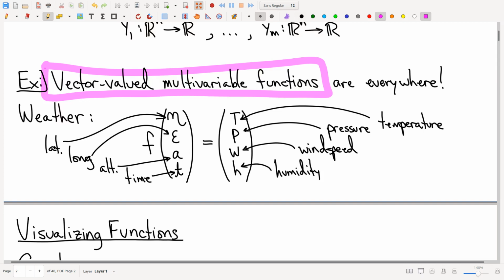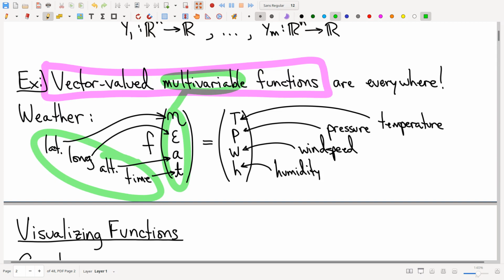So, for example, polite elevator conversation, water cooler conversation about the weather, is actually a discussion of a vector-valued multivariable function because there are several input variables: longitude, latitude, altitude, how high.